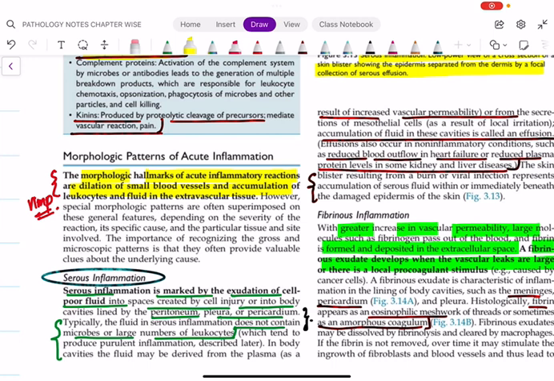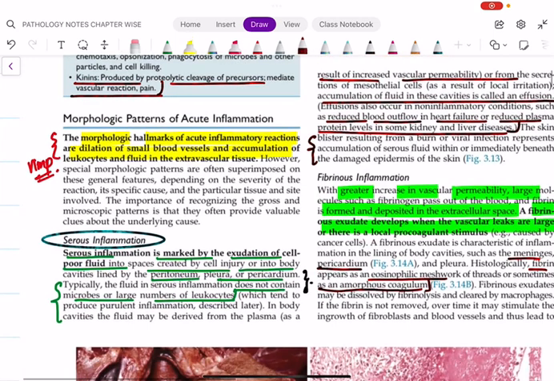Serous. So the word serous means what? Exudation of cell poor fluid. There are no cells in the fluid, like in the peritoneum, pleura, or pericardium. That means we have the pleural fluid, peritoneal fluid, pericardial fluid. Am I right? Yes. So all these fluids, whenever there is an inflammation, we call it serous inflammation.